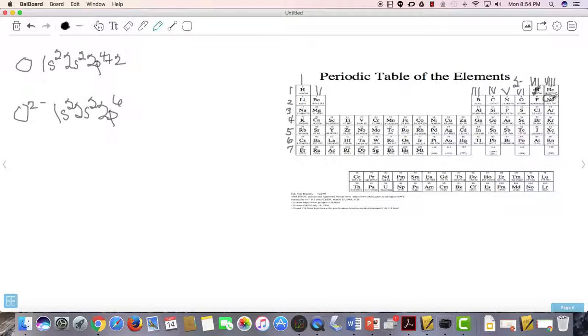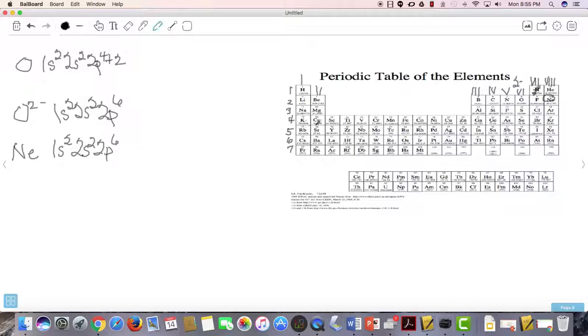And that's the number of electrons for neon. Let's write the electron configuration for neon just to check ourselves. So it becomes 1s2, 2s2, and 2p6. So oxygen ion and neon, their electron configurations are the same.